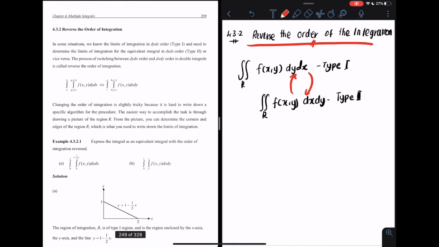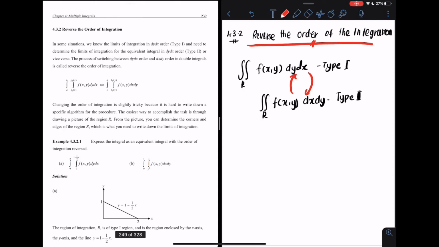So when you have this type of question, we just want to make sure you understand how to change from type 1 integral to type 2 integral. We just want to test whether you understand the procedures from type 1 to type 2. As long as you get the facts right on how to solve the problem, there shouldn't be any difficulties.